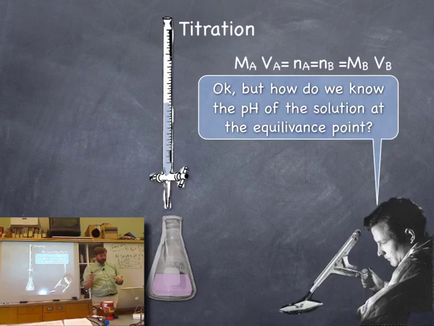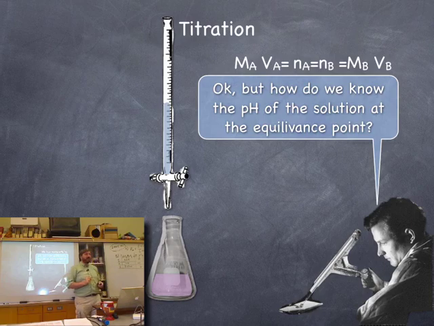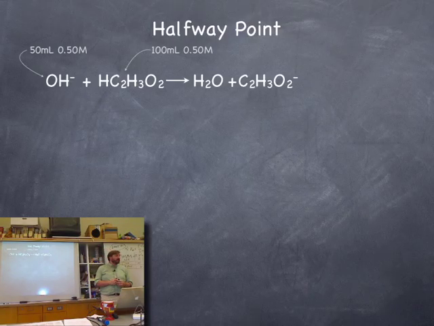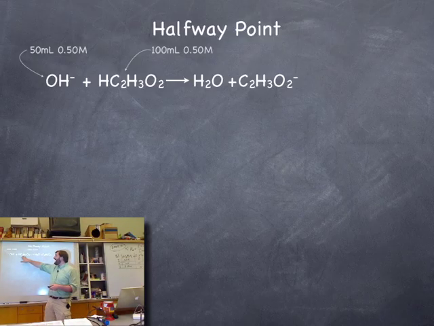So, let's say we're running this experiment. And there's a couple of important points I want to point out along the process of doing this titration. The first one is what we call the halfway point. The halfway point is when we have reacted, used up half of the initial substance we started with. So we started with our weak acid, ethanoic acid.